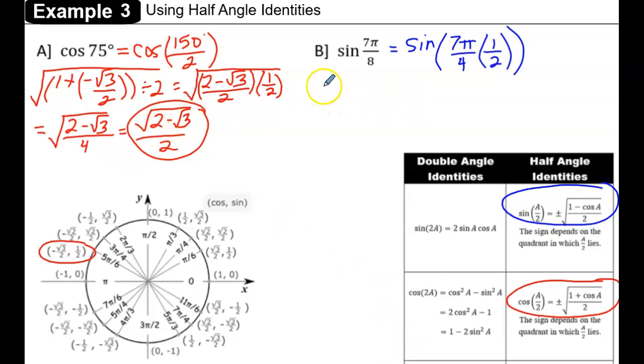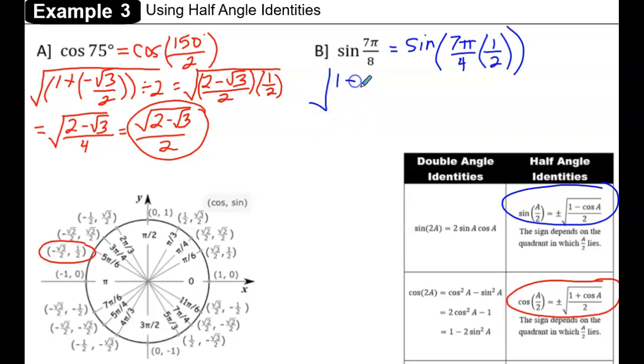Okay, so since I'm looking at 7 pi over 8, and half the circle is 8 pi over 8, 7 pi over 8 would be in quadrant 2, and sine is positive in quadrant 2. So I'm going to need the positive square root.